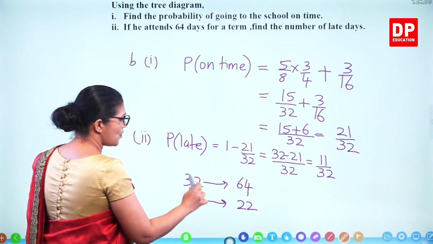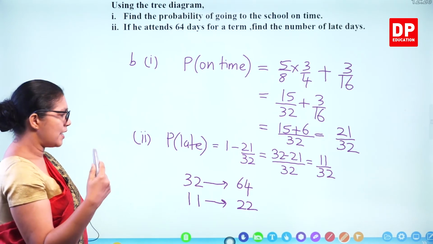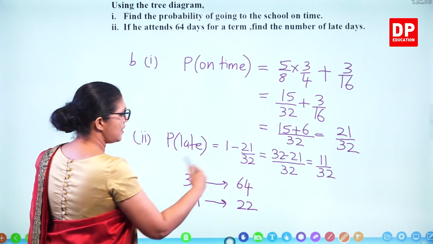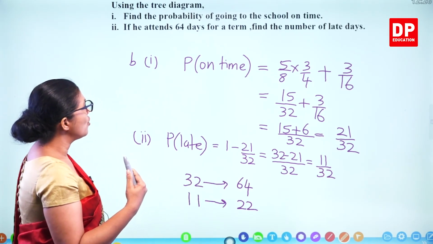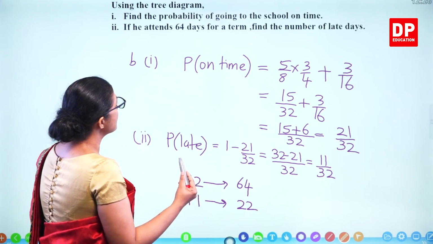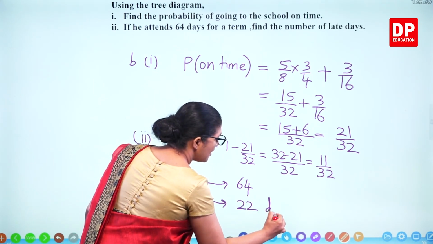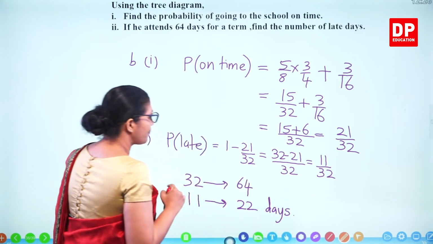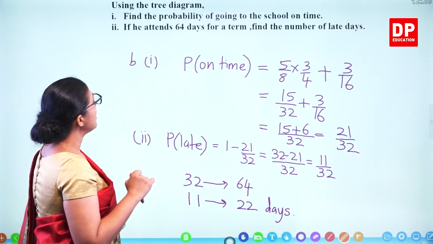Can you see this one? 32 becomes 64 by multiplying by 2. 11 times 2 is 22. So 22 days he gets late. That's the final answer.